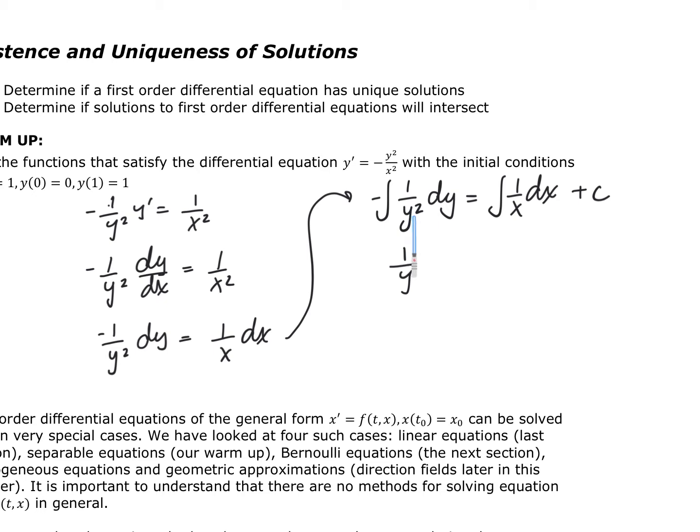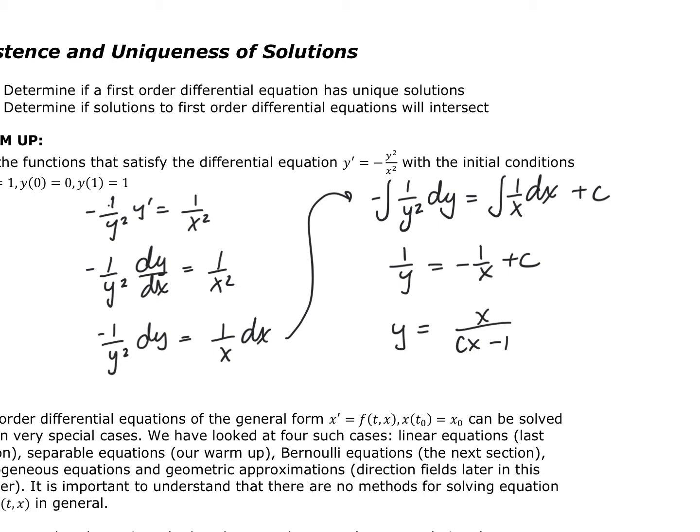I add a power, divide by that negative 1, and this allows me to have on the left-hand side a positive 1 over y. It just is a little nicer, but not necessary, by the way. Over on the other side, I'm going to get negative 1 over x plus c. So in other words, when I solve for y, I'm going to get y is equal to x over cx minus 1. All I did was multiply everything by xy and then solve for y.